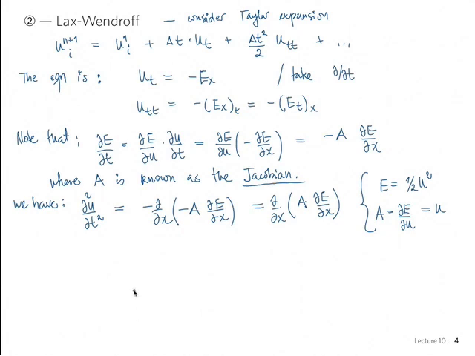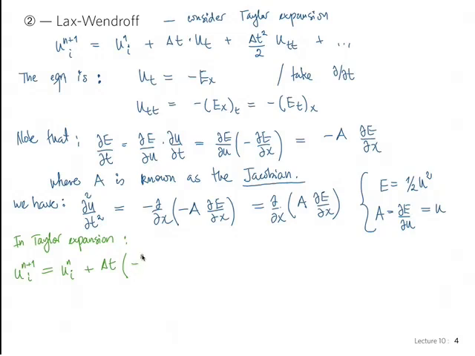So now we want to put this in the Taylor expansion. And we have u n plus 1 at I is equal to u n I plus, and here we replace our du dt. So we have delta t times du dt, and we replace that using the model equation.